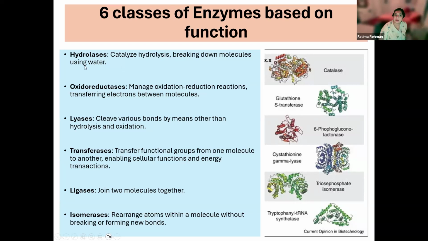So the breaking down of molecules using water, when you do breakdown of macromolecules, is catalyzed by hydrolases. Then you have oxidoreductases. These manage redox reactions inside our body, where you're transferring electrons from one molecule to another. We'll see many examples of those.